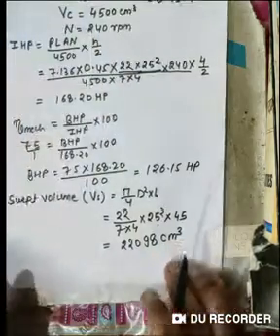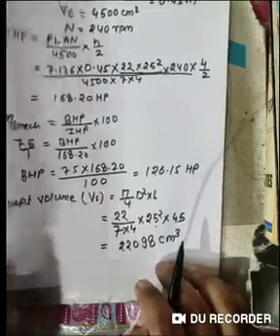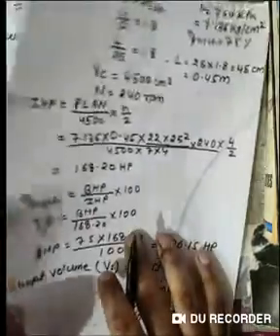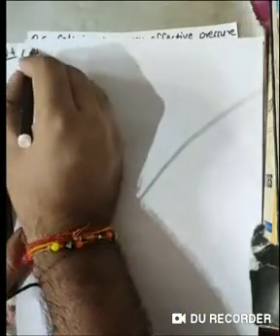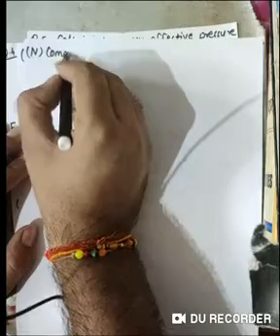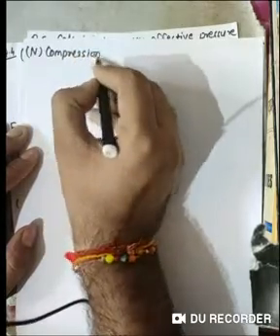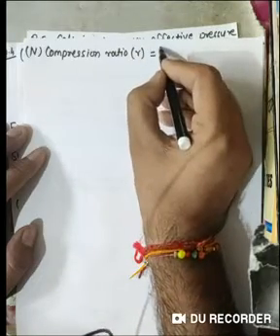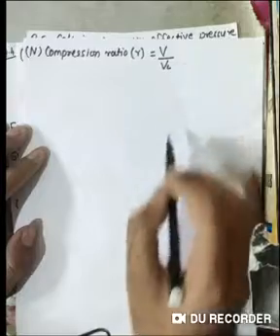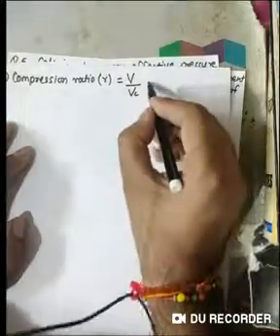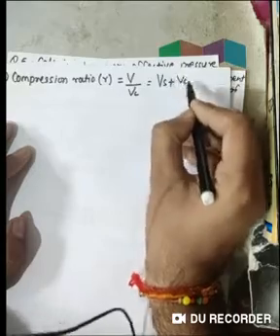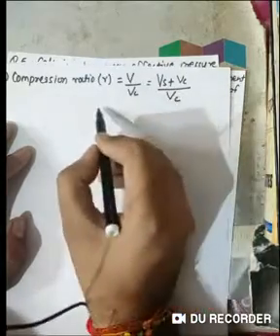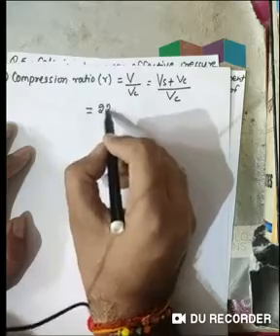Okay, now we have to calculate the compression ratio. Compression ratio R is equal to total volume upon clearance volume. Total volume is swept volume plus clearance volume, divided by clearance volume. Swept volume you have calculated 22,098.